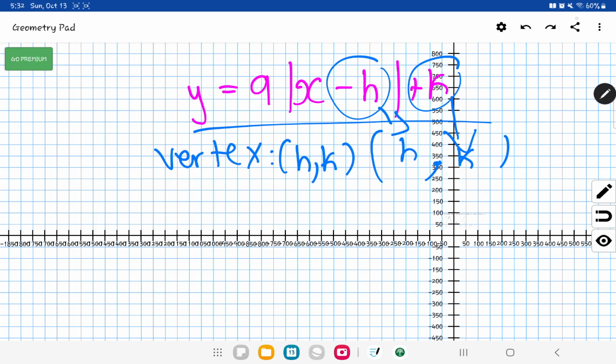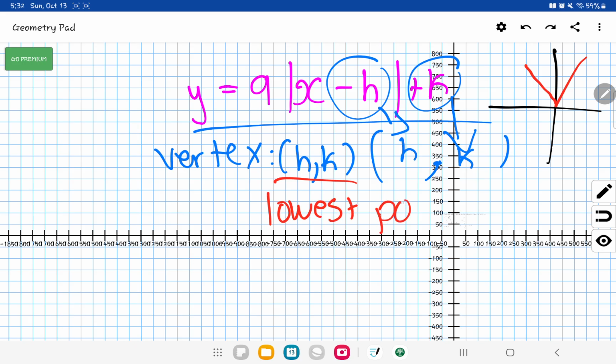What does it mean? If your absolute value function looks like this, like the arrow is pointing downwards, or it's a V shape, then (h, k) is the lowest point. However, if your absolute value function looks like this, then (h, k) is your highest point.